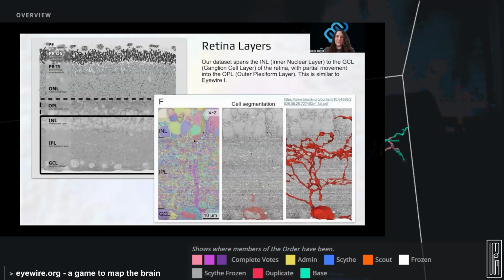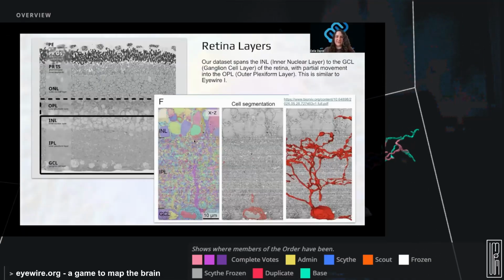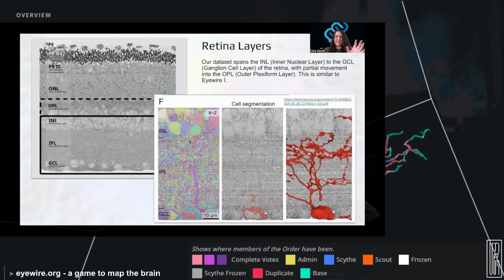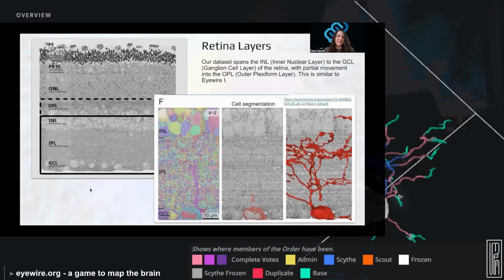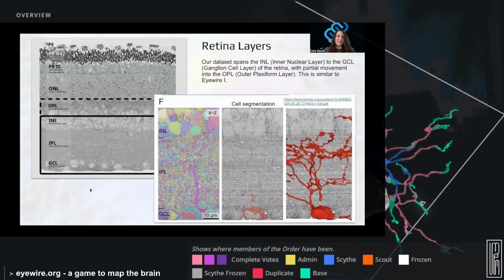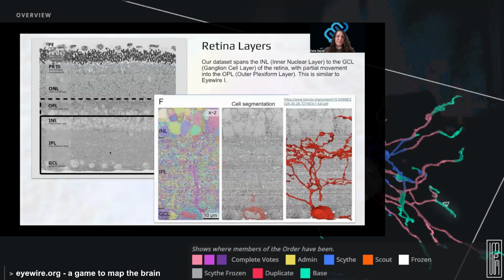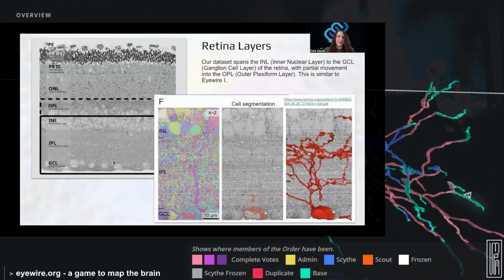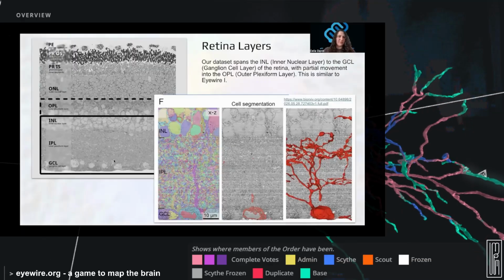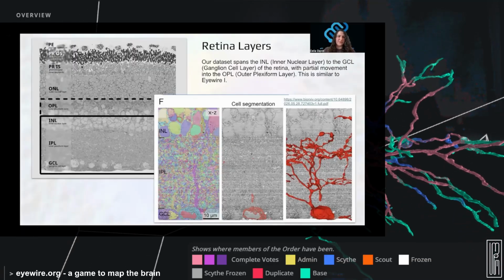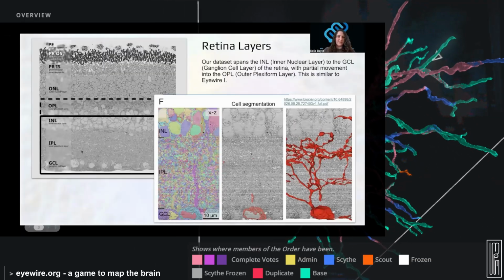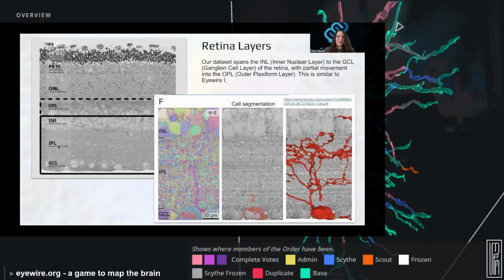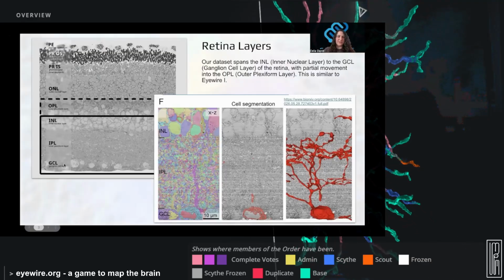Let's see. Okay. So this is just a kind of overview of the cell layers. This is a visual of the retina. You have the photoreceptors up here. Those are not part of our data set, but our data set is working down here in the INL, IPL, and GCL.